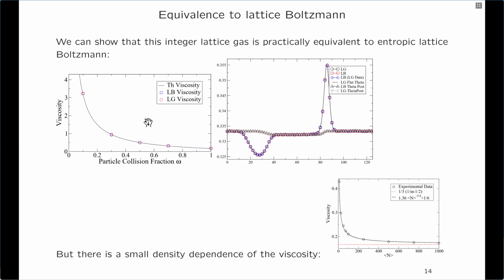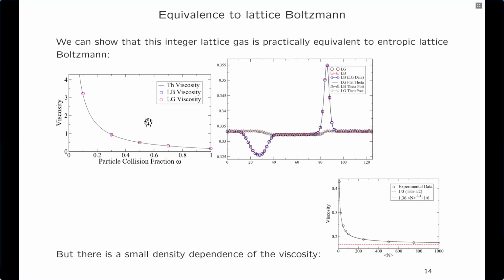Even if you pick the 1 particle, it has no partner to collide with, right? So there's going to be no collisions. But the more particles you have, the more efficient the collisions will be. So there's a larger number of uncollided particles, or ones that you just couldn't collide, right? Because you couldn't change this. So as your density goes down, your viscosity goes up, which is, of course, what you see in real systems as well.